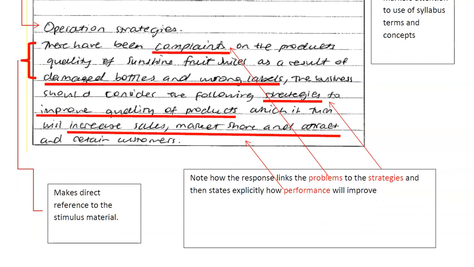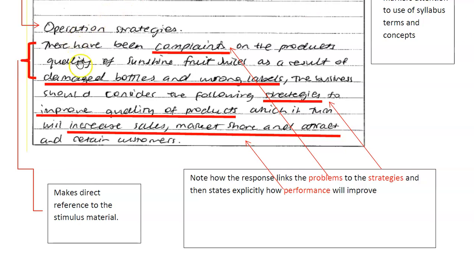You can see here where they're starting to talk about operations strategies, that the response is linking to the problems of the complaint that's been made, that they're referring directly to strategies within operations. And then it's explicitly stating how performance will improve, which was a key part of the question.